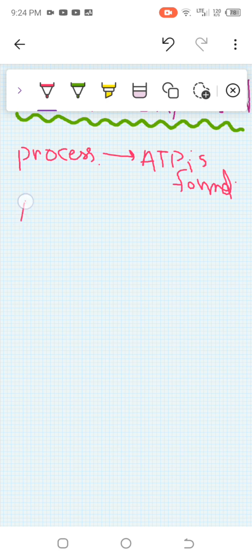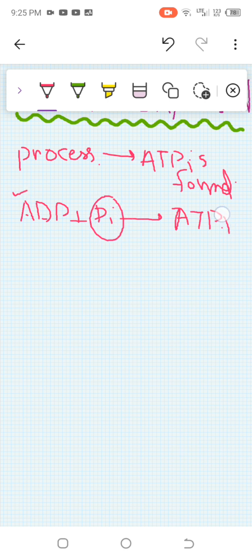ATP is formed by the addition of ADP, adenosine diphosphate, plus one phosphate group. I hope it is clear how ATP is formed: by the addition of ADP and one phosphate group, we get the ATP.